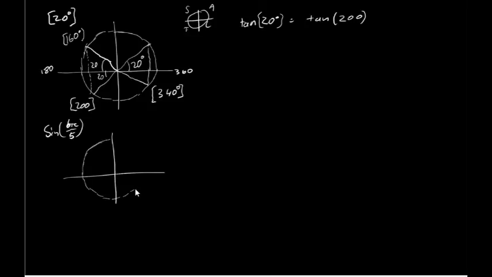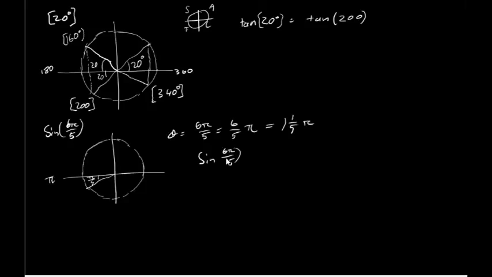So if we draw up another unit circle, 6 pi on 5, well, here's pi. 6 pi on 5 is the same as 6/5 of pi, which is 1 and 1/5. So we have 1 full pi plus pi on 5. So sine of 6 pi on 5 is going to be sine of pi on 5.